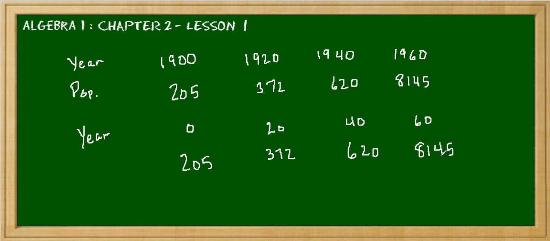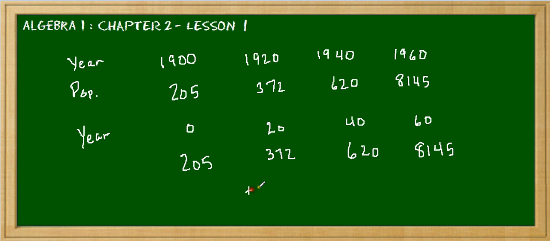It would really take quite a bit of analysis. Maybe a computer module could help us, but just taking a raw look at this information, we can see that from here to here we increased 20 years, but what was the population increase? Well, the population increase would have been 167.